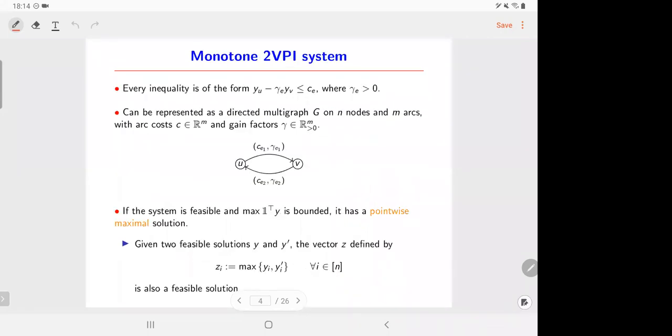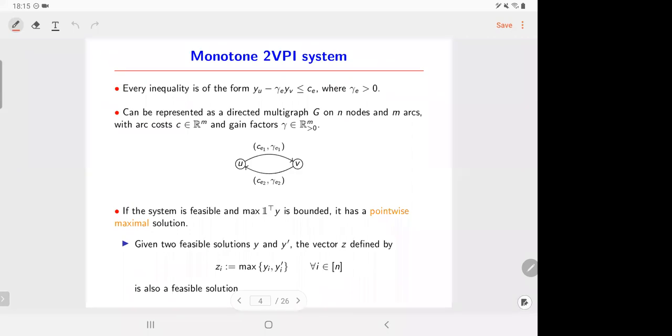Now that we have our 2VPI system in monotone form, we can scale each inequality to ensure that every inequality is of the form y_u - γ_e y_v ≤ c_e, where γ_e is positive.